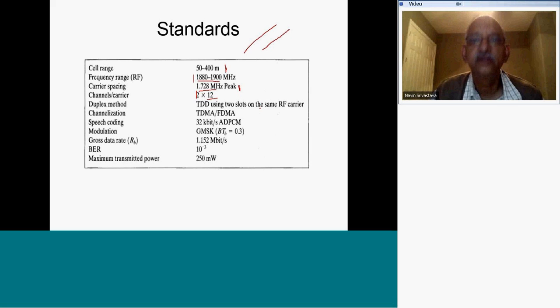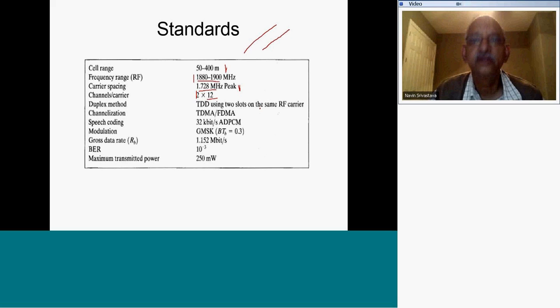Then the speech coding is ADPCM. The modulation type is this, which you have studied. The data rate is 1.152 megabits per second. BER is 10 raised to minus 3. BER stands for bit error ratio or bit error rate.